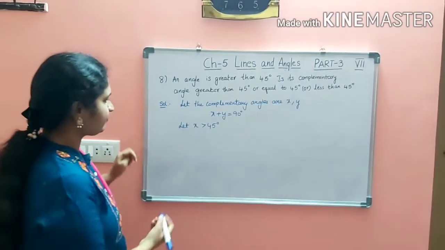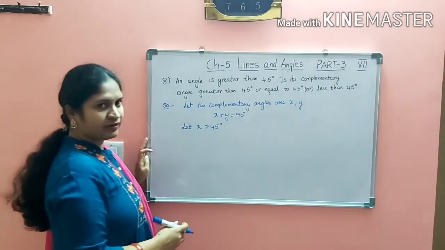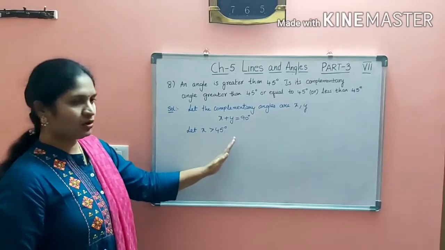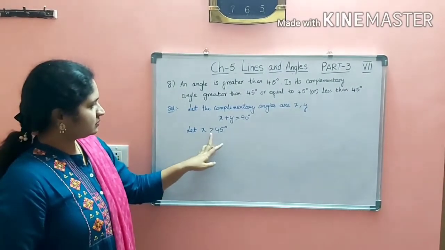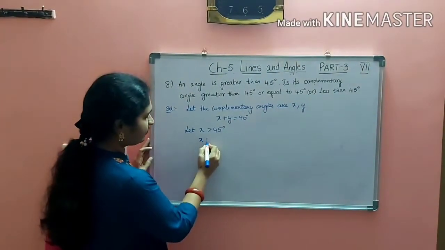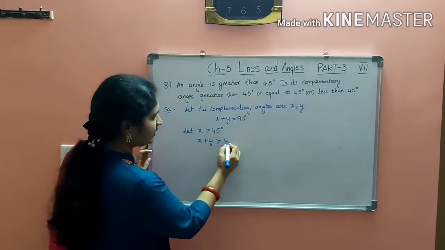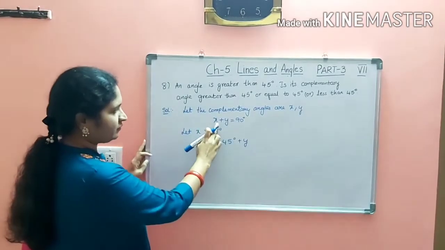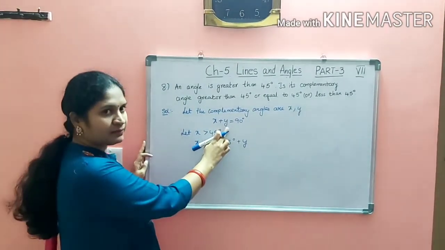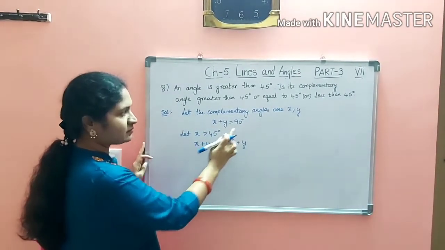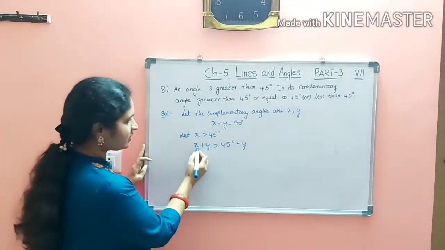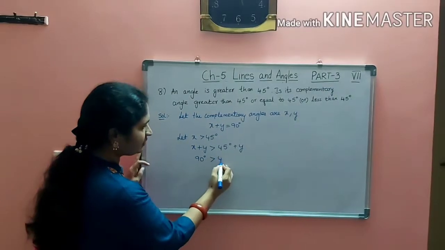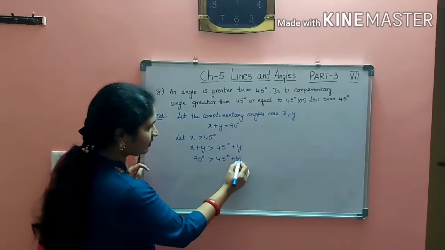Let us check this one. Let x be greater than 45 degrees. I can add angle y on both sides. Then x plus y is greater than 45 degrees plus y. Since x and y are complementary angles, x plus y is equal to 90 degrees. So I can replace x plus y with 90 degrees, which is greater than 45 degrees plus y.